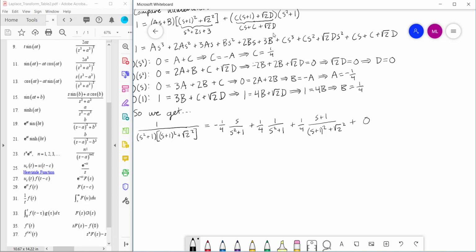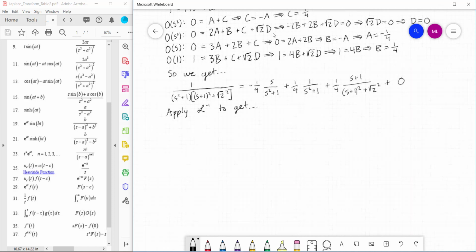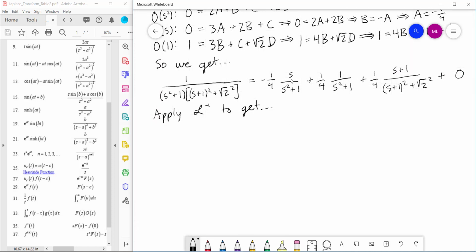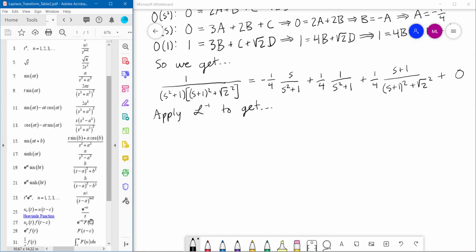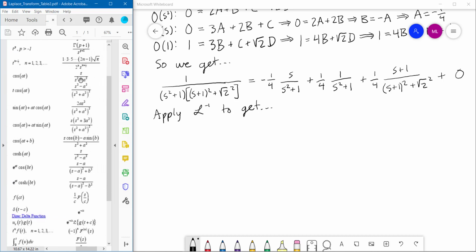These can all be inverse transformed. So if we apply the inverse transform, this first one looks like a cosine. Let's go back up and make sure we're on the same page here. It looks exactly like this expression right here with a equal to 1.